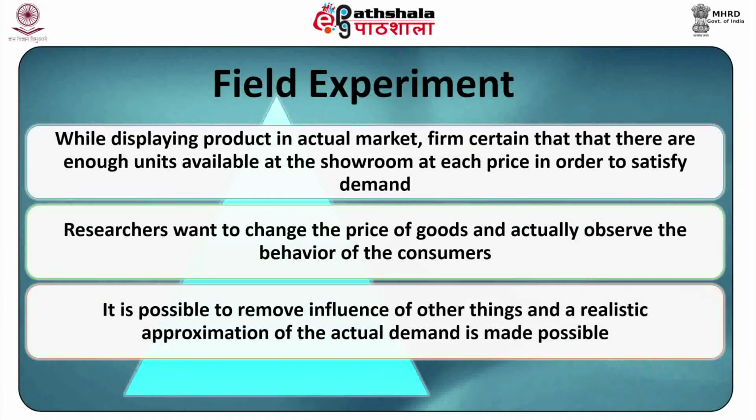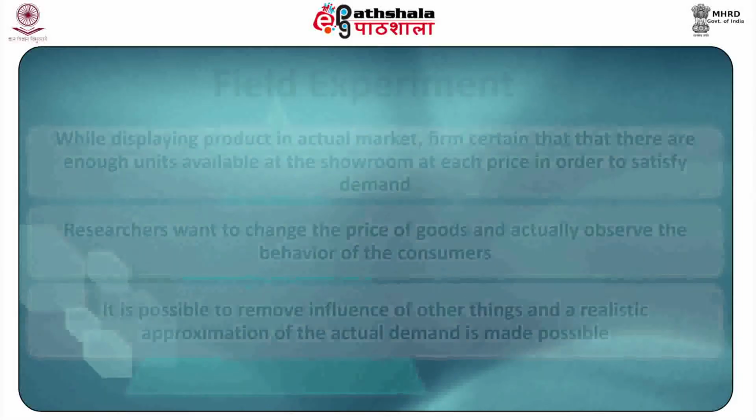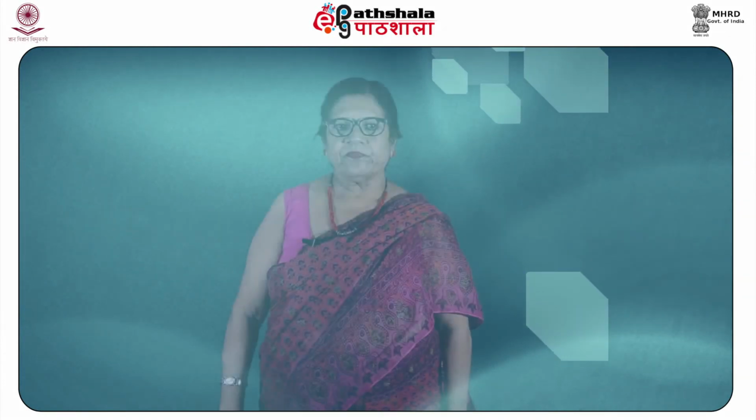The researchers want to change the price of goods and actually observe the behavior of the consumers. So, during the experiment, the price is slowly changed with small increments and a record of sales is made at each price. With this, it is possible to remove influence of other things and a realistic approximation of the actual demand is made possible. Consumer interviews.